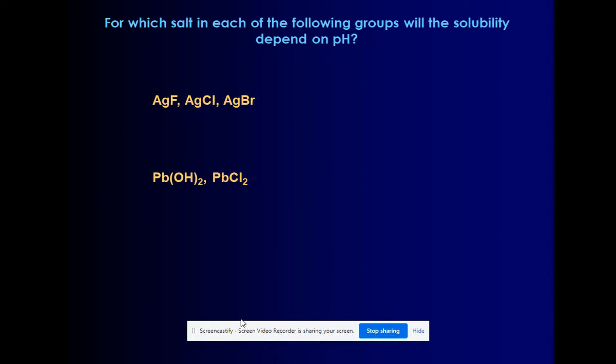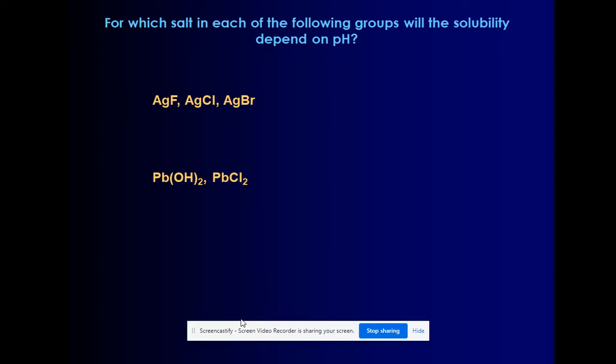The last question that we're going to talk about in this section, I used to do the mathematical part with this, but we only have to discuss it now qualitatively, is what would happen if you had some of these solids in solutions that weren't neutral, that were in acidic or basic solutions. With that in mind, if there are ions present whose concentration would change depending on the pH of that mixture, that can influence the solubility of those particular solids.